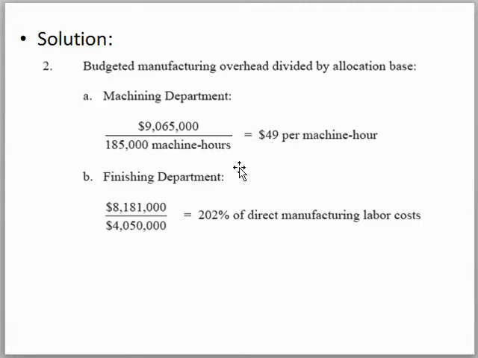And for the finishing department, we divide the budgeted overhead cost, 8,181,000, by the budgeted base, $4,050,000, which equals 202% of direct manufacturing labor costs.